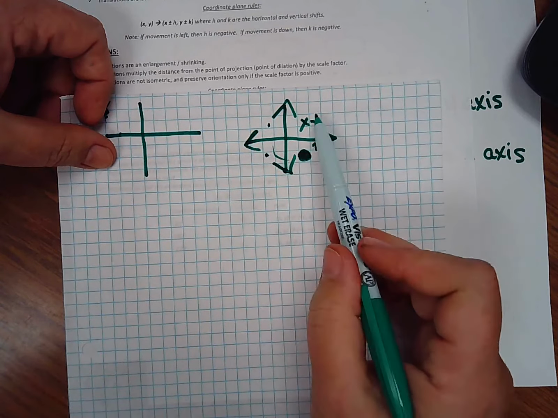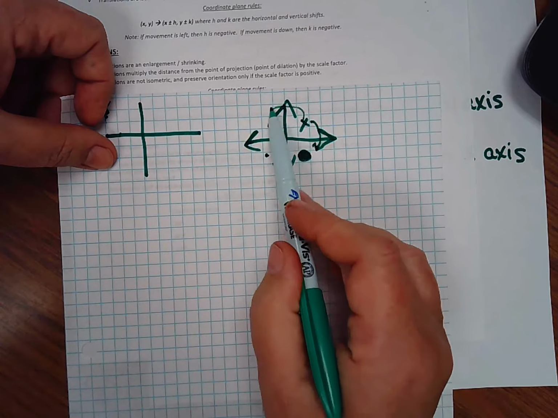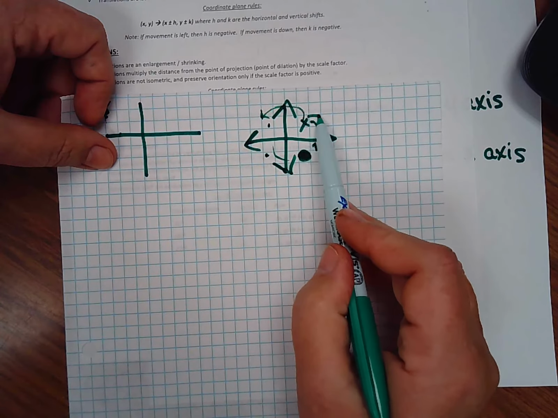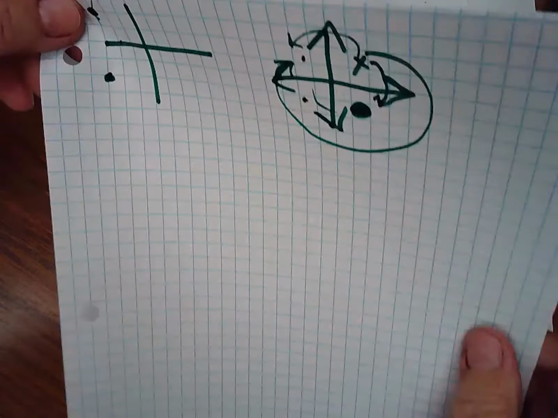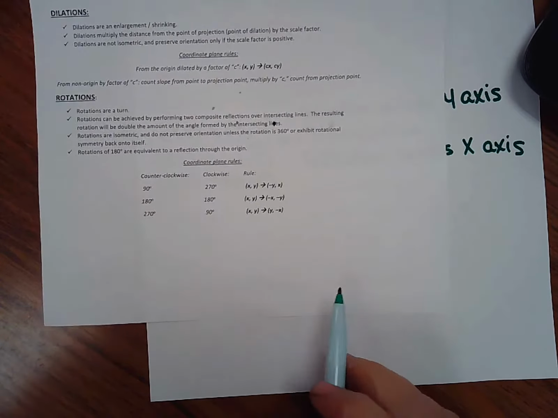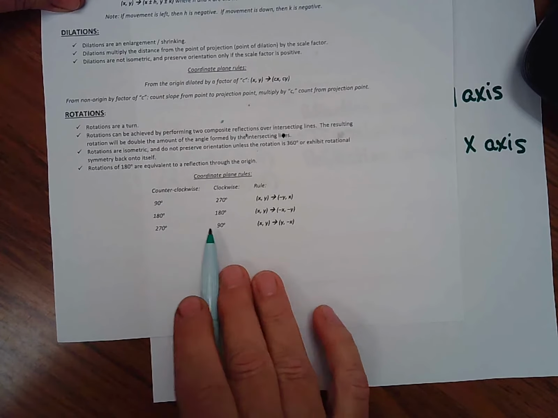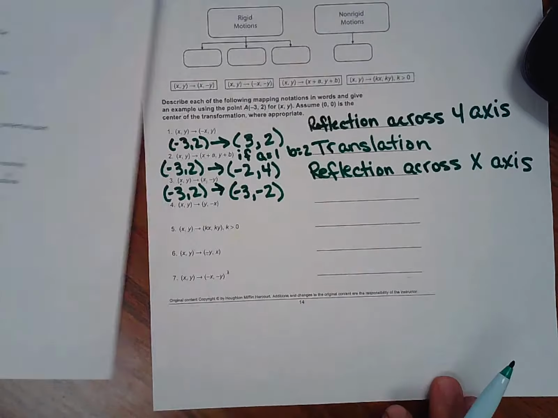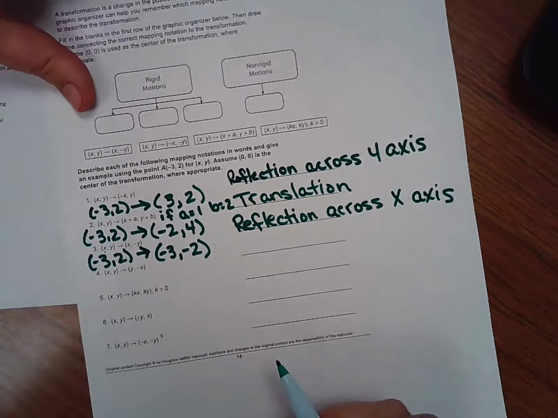So 270 counterclockwise is the same as 90 clockwise. 90 counterclockwise is the same as 270 clockwise. So 90 and 270 end up in the same place, it just depends on which way you went to get there. So I'm either going clockwise 90 or counterclockwise 270. I'm just going to say clockwise 90.